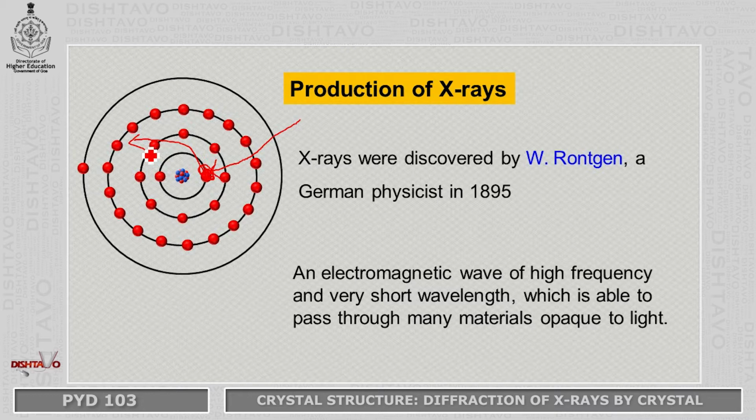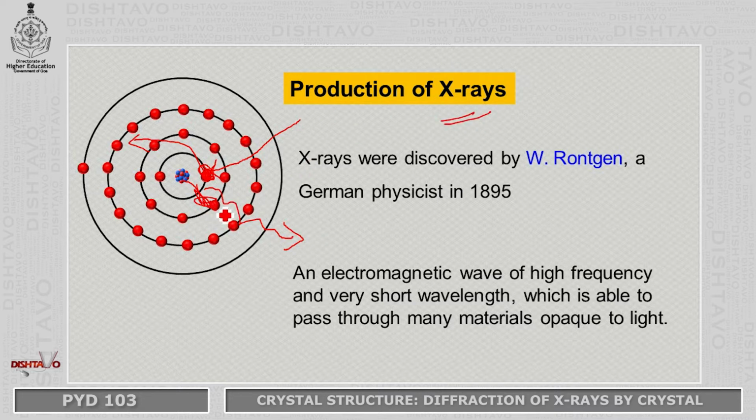Now, because of which the entire atom will be in a higher state or unstable state. Now, to bring this atom to the ground state, an electron from a nearby shell would compensate for this missing electron, and while doing so, an electromagnetic wave will be given out, and that electromagnetic wave, which is formed due to the replacement of the electron from the higher energy level, is known as the X-rays.